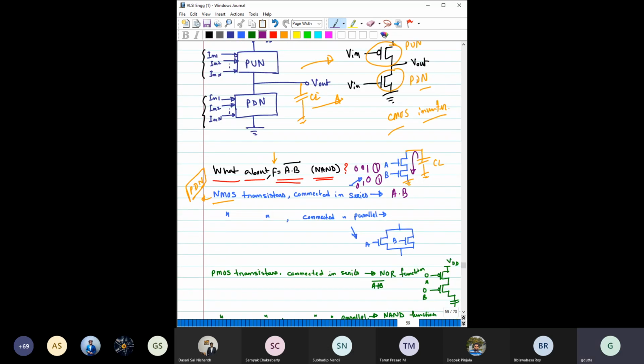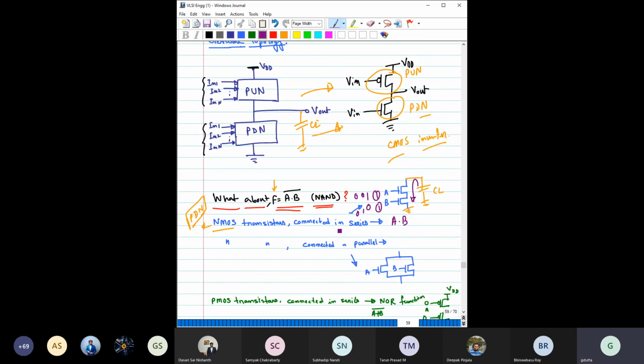Okay. Now what will happen if you connect two NMOS in parallel, say like this? Again, just think from the same perspective. If you give 0, 1, yes, now it can discharge. If you give 1, 0, it can also discharge. If you give 1, 1, it can discharge.